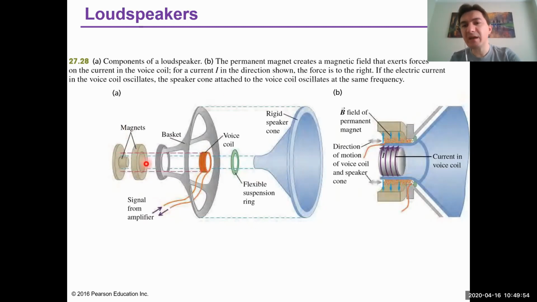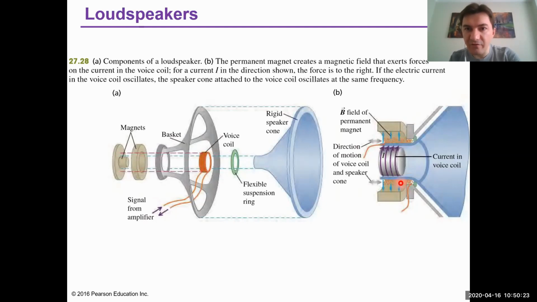This is the magnified picture of the permanent magnet, this green one, and we have magnetic field lines from the center to the magnet, a radial magnetic field. And here, in this orange color, we have wires.